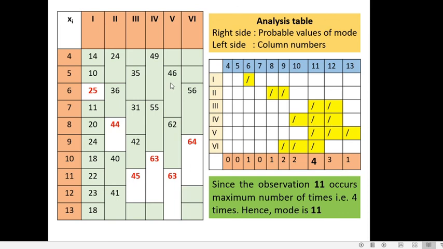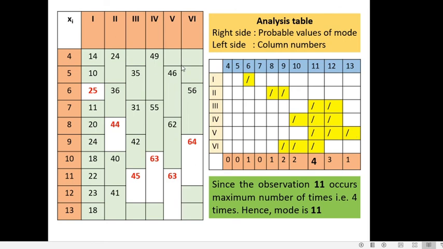Then the fifth column. 63 is the highest observation in the fifth column. You can see 46, 62 and 63 are there, of which 63 is the highest. And 63 is the sum of 22, 23 and 18, which correspond to 11, 12 and 13. So I put tally bars under 11, 12 and 13.